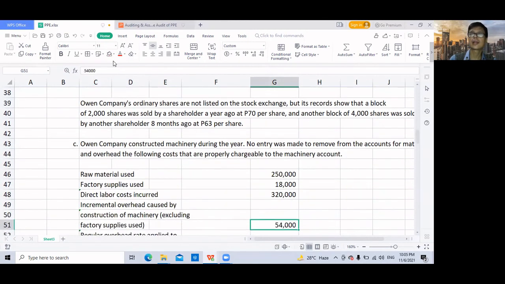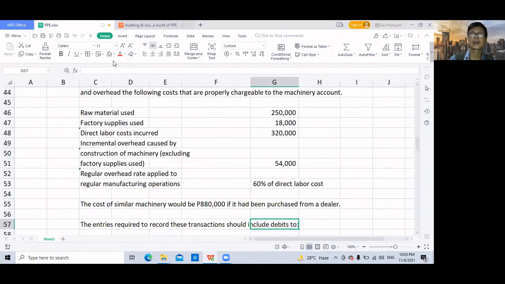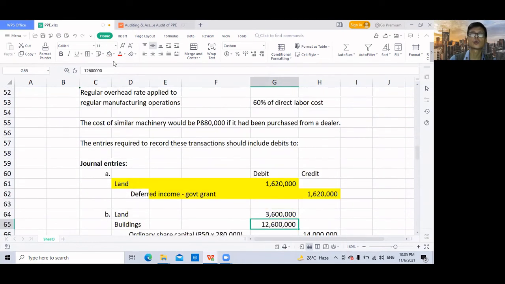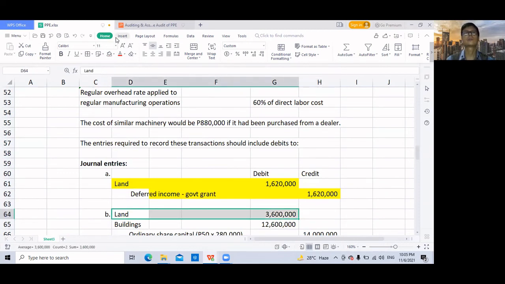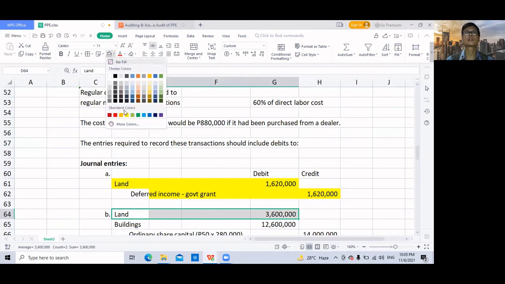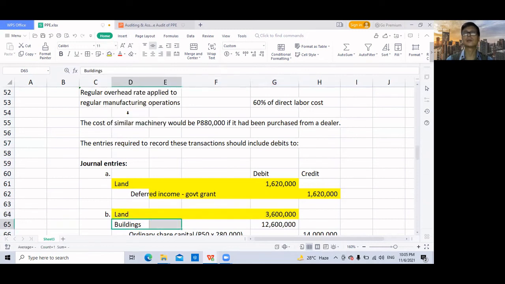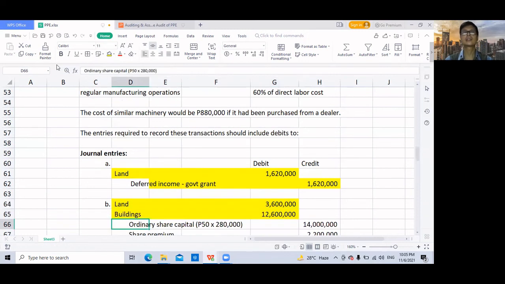So the entry for that particular transaction is a debit to land. Okay, so kung magkano yung fair value niya, no? Okay, which is 3.6 million, and then the building is 12.6 million. Okay, now the ordinary shares would be valued at its par value, no?